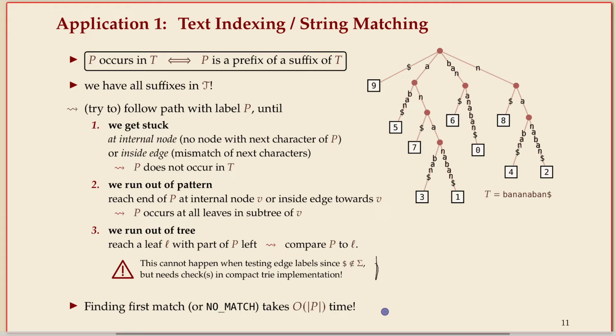So in total, the algorithm follows the path of the pattern, and after at most length of P steps, you found one of the two cases, the first or the second. And so you can either say there isn't a match in the text, or you can report at least one occurrence in constant time by following the next leftmost leaf pointer.